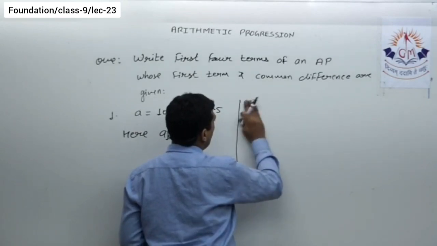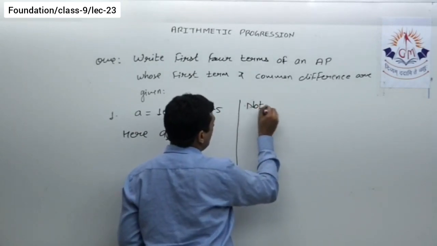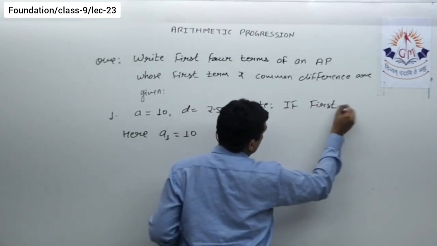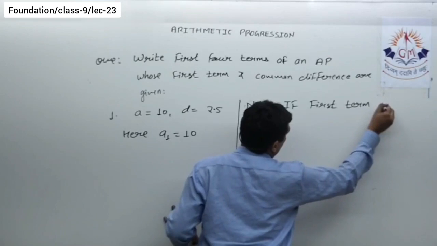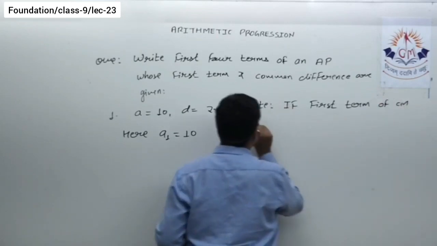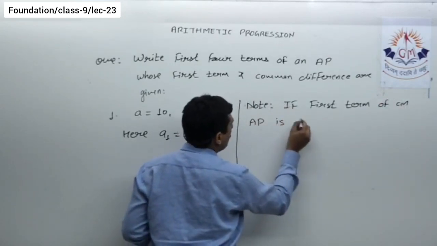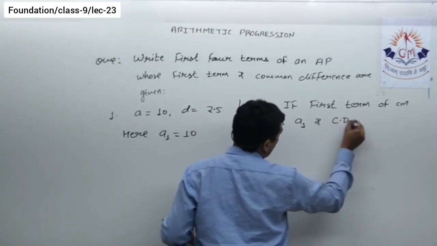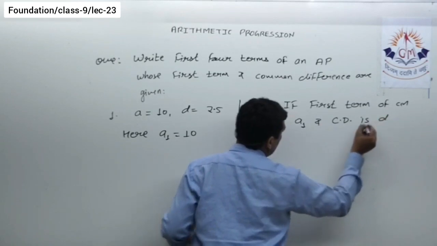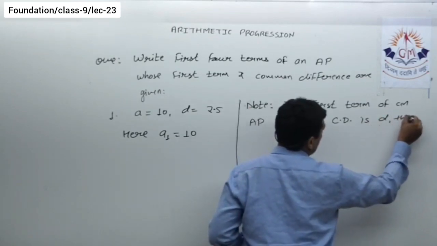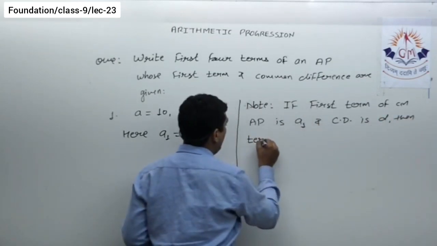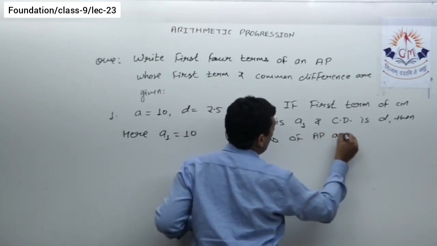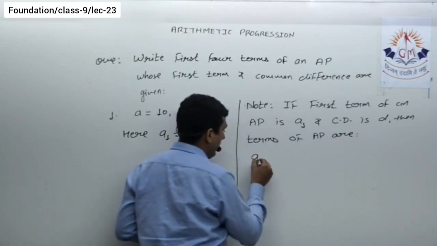You can take it as a note: if the first term of an AP is a1 and the common difference is d, then the terms of the AP are a1.